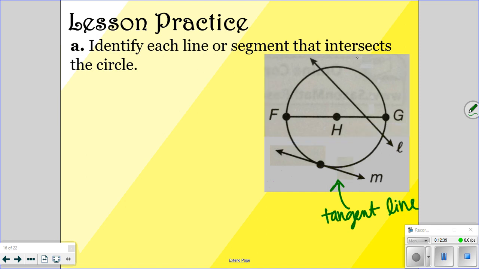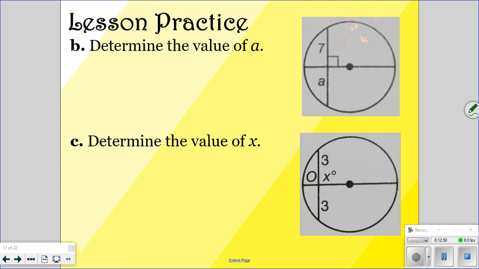Another line that they give us is line L, which is a secant line. And then they also give us segment FG, which is a chord. So that should be how you identify those.